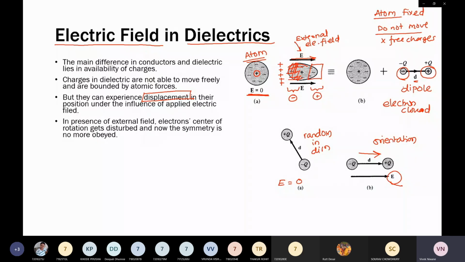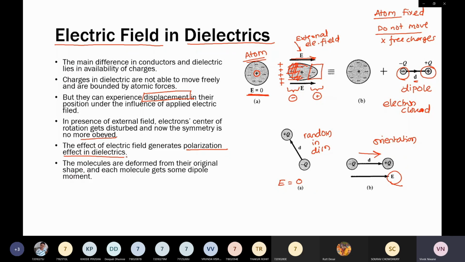In presence of external field, the electrons' center of rotation gets disturbed, and now symmetry is no more obeyed. The effect of electric field generates a polarization effect in the dielectric. जो dipole create हो रहा है, it is called polarization. We create some sort of polarities under the influence of the applied electric field.